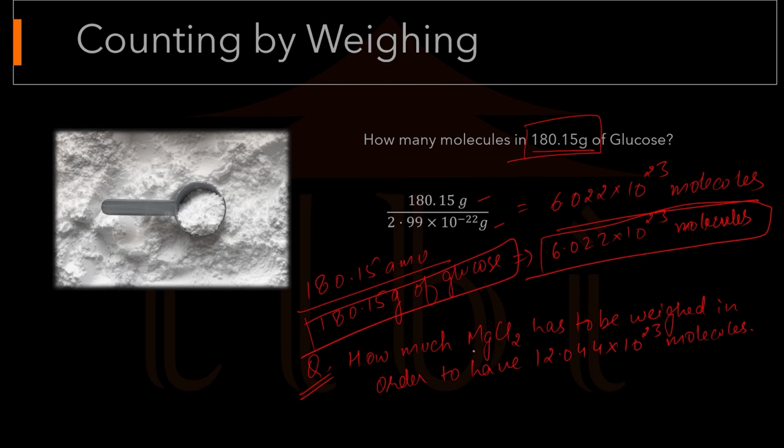To help you, I'll give you some numbers. Magnesium atomic weight will be 24 and chlorine will be 35.5. Alright, so tell me that.